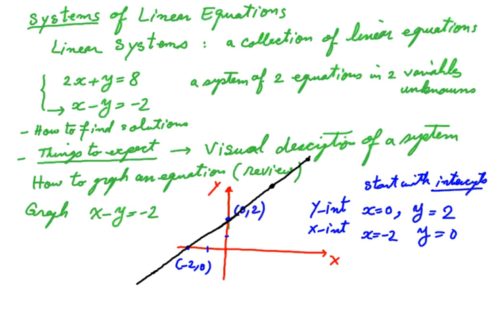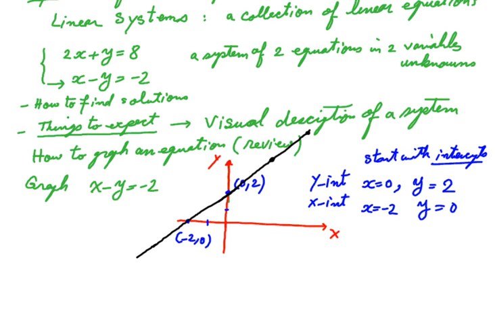Similarly, we could go ahead and graph the other one. So I could start with the other equation, 2x plus y equal to 8. Let me see if you can quickly tell me what are the intercepts of this one.